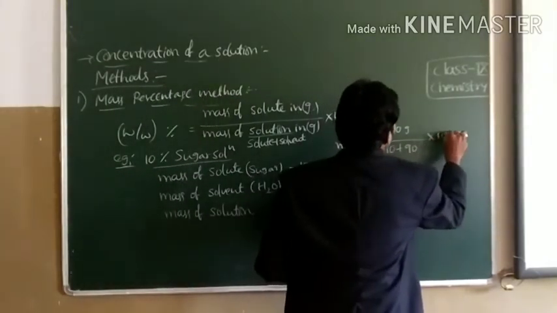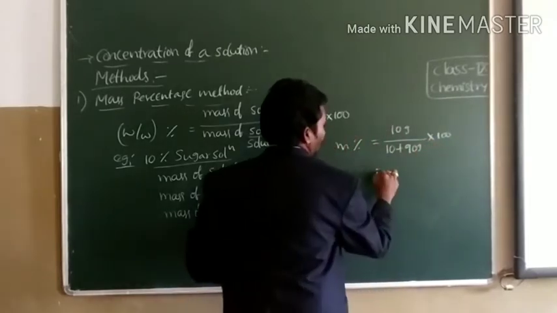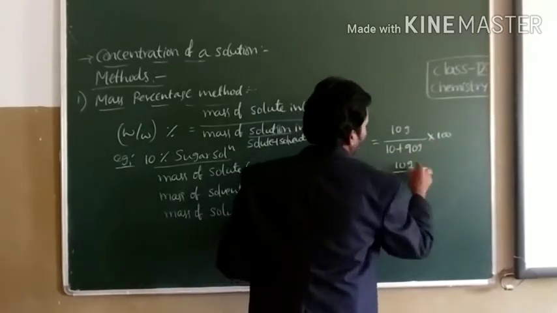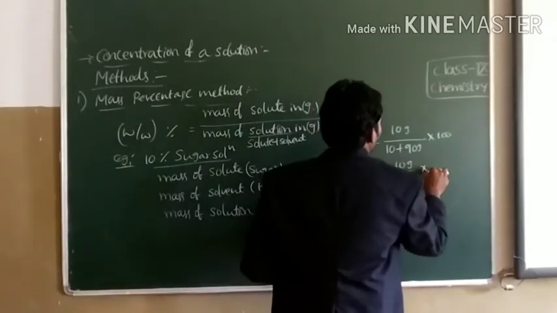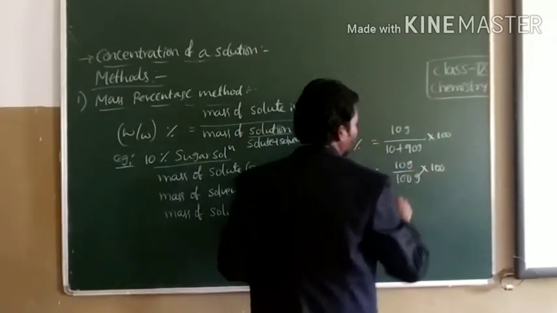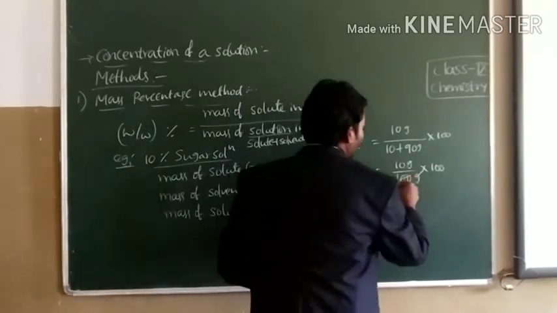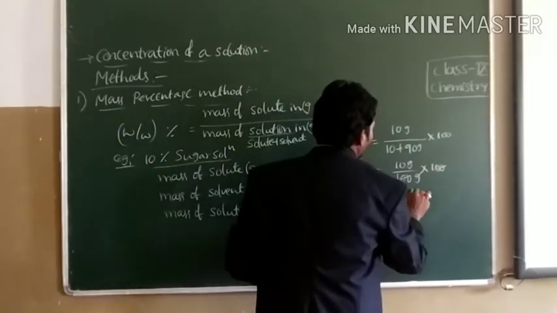So 10 grams by 10 plus 90 grams, which is 100 grams, into 100. The grams cancel and the 100s cancel, which is equal to 10%.